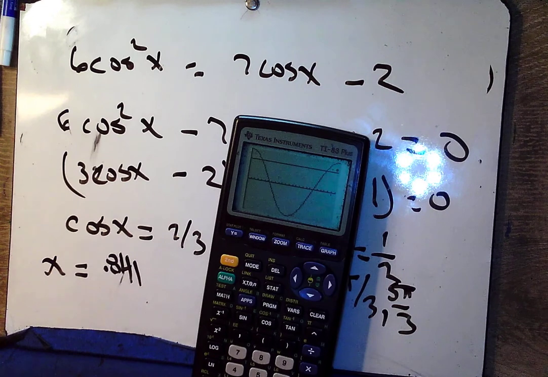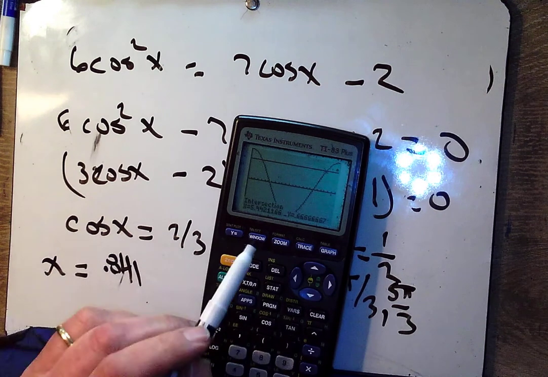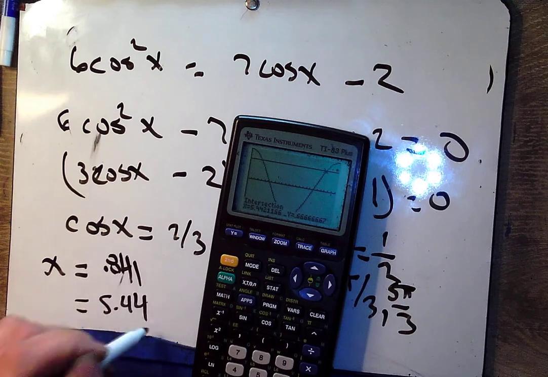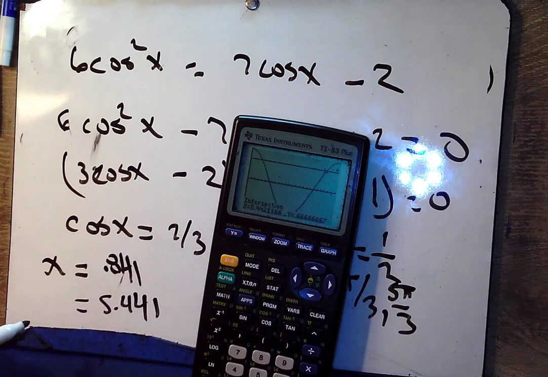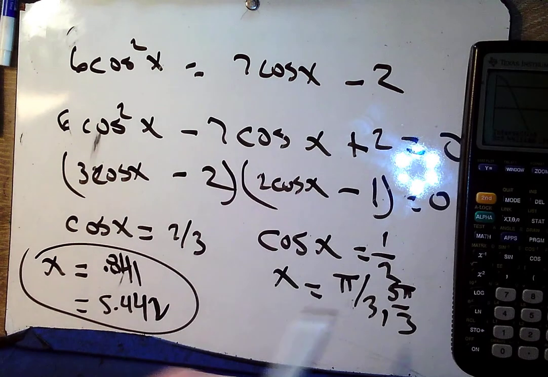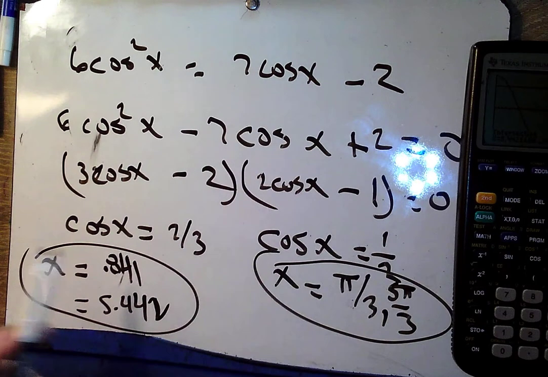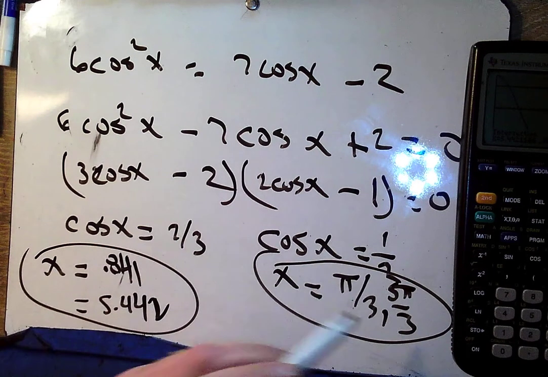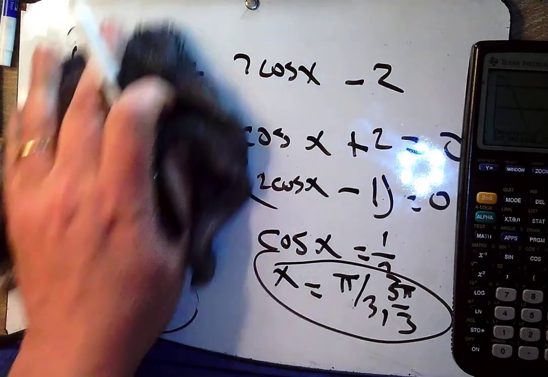Second curve, yes, no. And we get 5.441. There we go. Those are our 2 solutions. Okay? Oh, total of 4, though. If this had been all solutions instead of 0 to 2 pi, remember to just slap on that plus 2 pi into those problems. Yeah, okay.